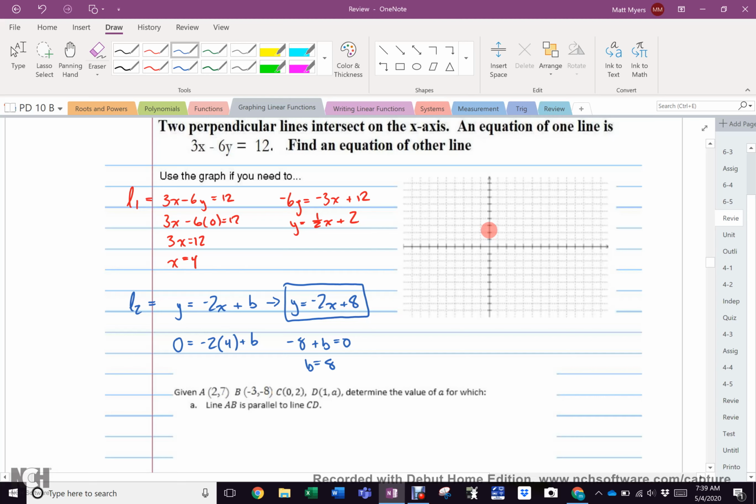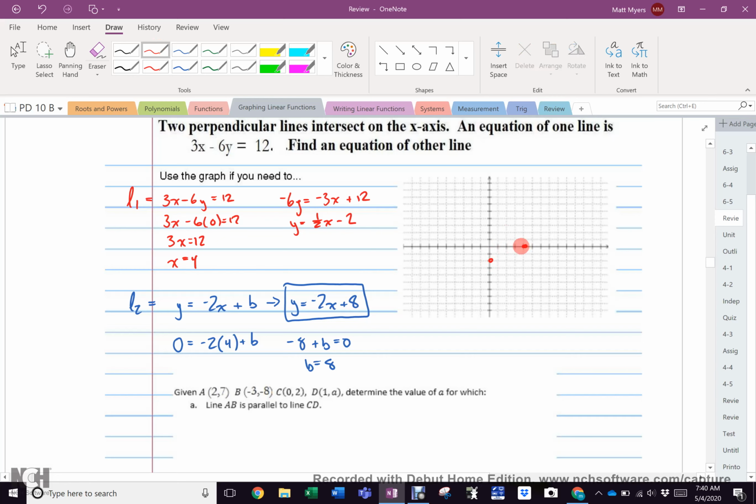Up 1, 2, at a slope of 1/2, up 1 over 2. Oh, sorry, this is slope of negative 1/2. Oh, no, I was right. But this slope is negative 2. There we go. Sorry, so the red one is down at negative 2 and up 1 over 2, up 1 over 2.